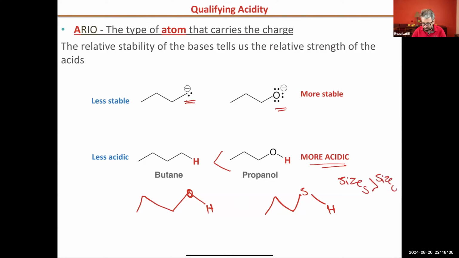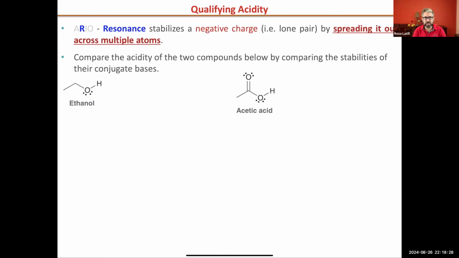So that means the one that has sulfur will be more acidic than the OH. Even though the electronegativity of oxygen is higher than sulfur, sulfur, because it's bigger, can more easily handle the negative charge.